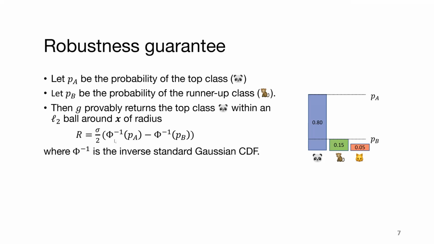Here, phi inverse is the inverse standard Gaussian CDF. So this is traditional randomized smoothing: we make the prediction as the top class, and we return the radius R using this method.